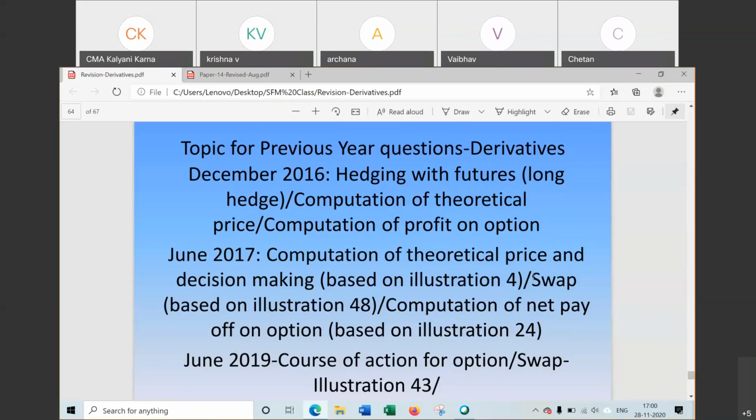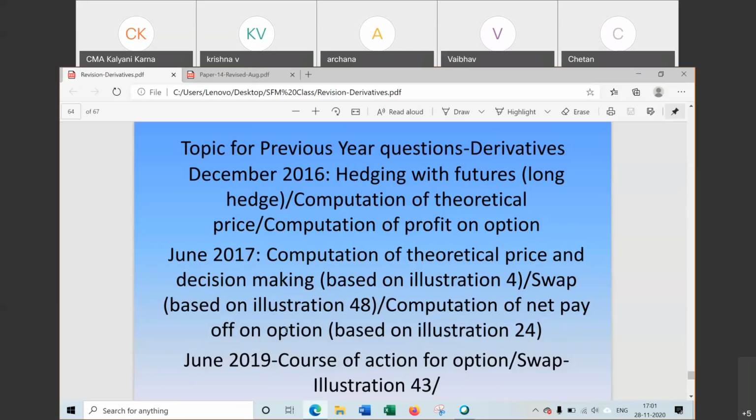Next question for swap, that is based on illustration 48. Illustration 48 is what? Based on diagram. Make the diagram, find the banker charge, and gain by both parties that we have to find. Illustration 48. Computation of net payoff, again in option, illustration 24, based on illustration 24.